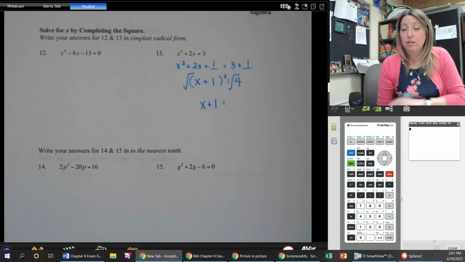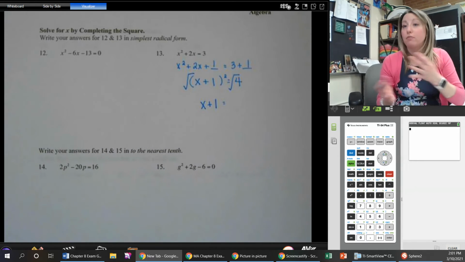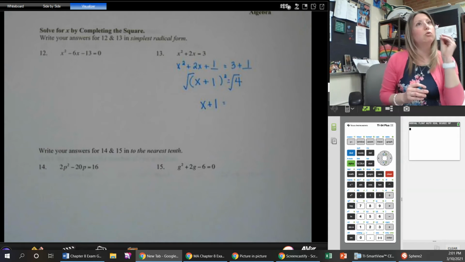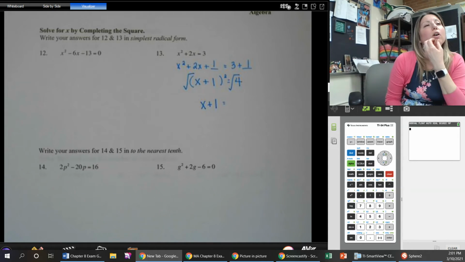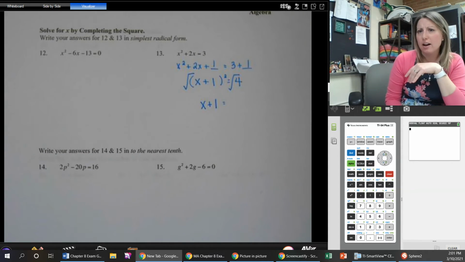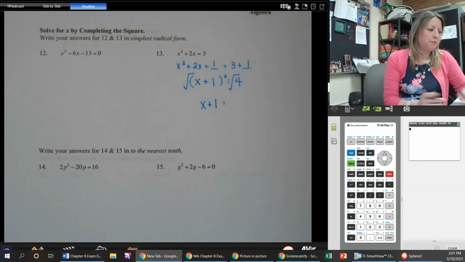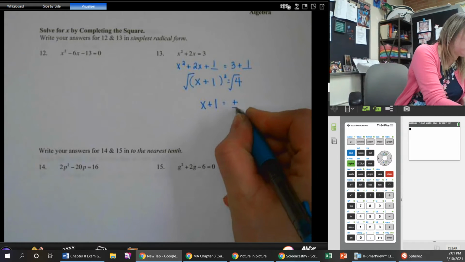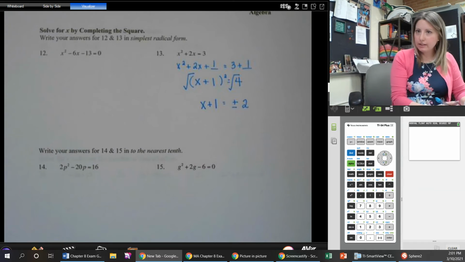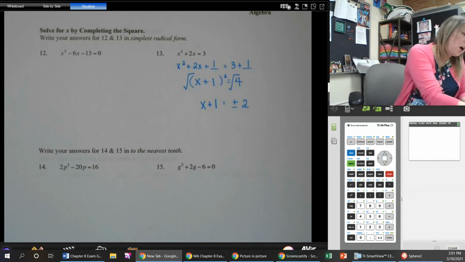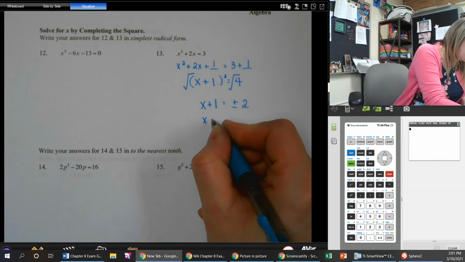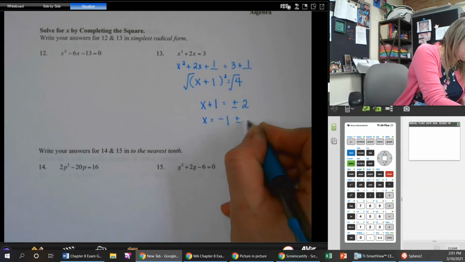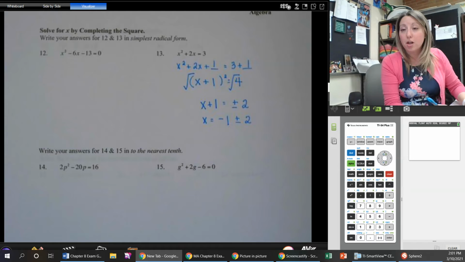Meanwhile, on the other side of the equal sign, I've got something under the radical, and I've got to deal with it. So let's see, is 4 a perfect square? Oh, yeah. So what comes out of that radical is actually plus and minus 2, because I can take the square root of 4. 4 is a perfect square. So now to finish up, I subtract this 1 from both sides of the equal sign. It always goes in front of the plus and minus.